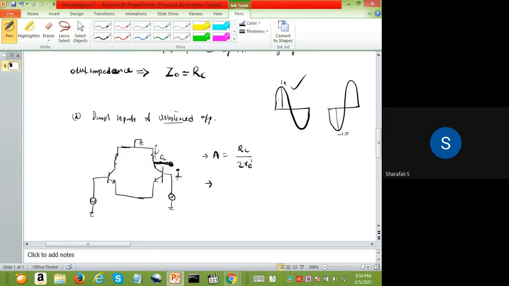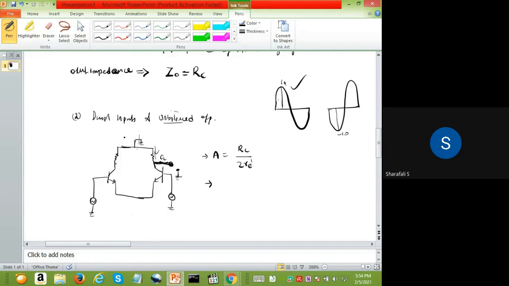When we consider the real circuit, in the first case we will be having a DC component at this output. This DC component will be shared, this is a voltage divider, so it is shared with this collector also. So this DC will be here as well as here. When we take the difference between them, that DC component will be gone because the same DC is applied in both.